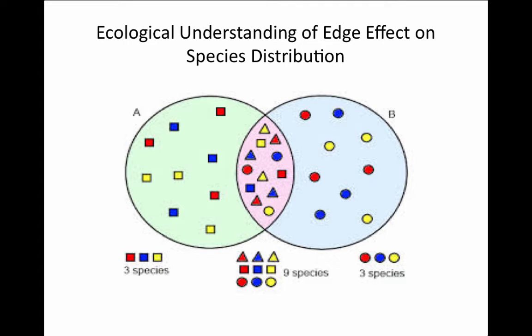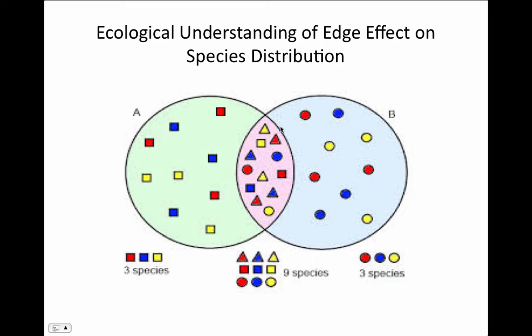So here's a way to think about why that edge is so productive. Let's think about habitat A, which has these 3 species, and habitat B, which has these 3 species.